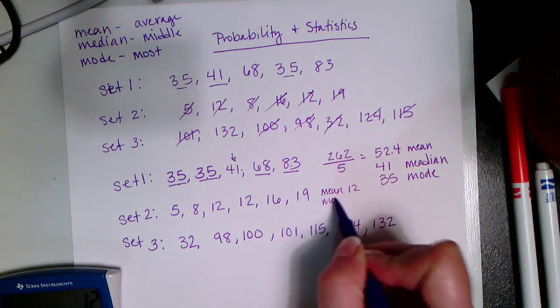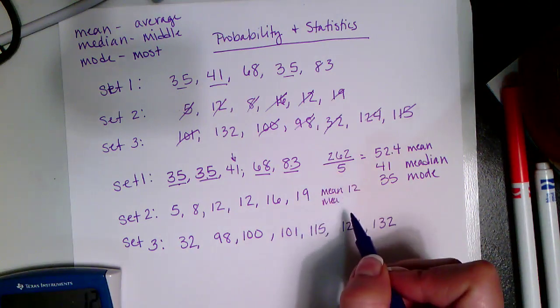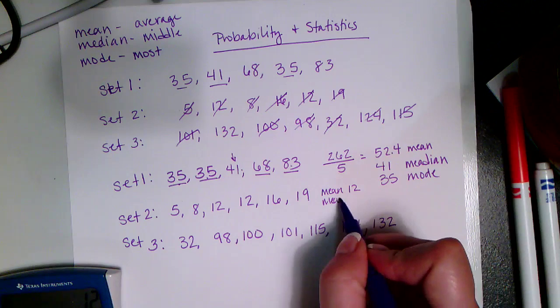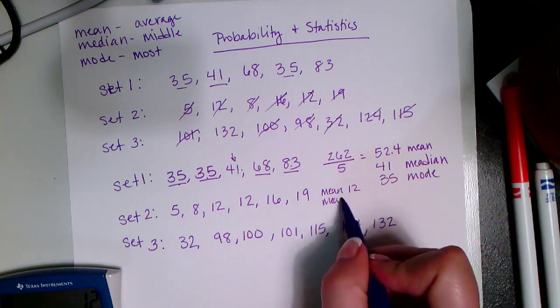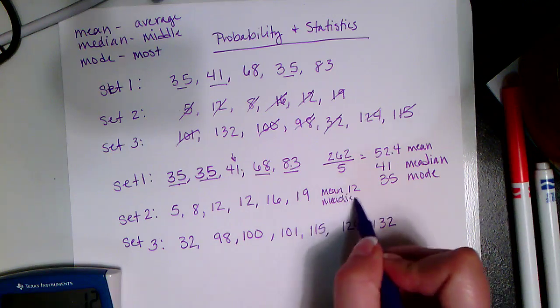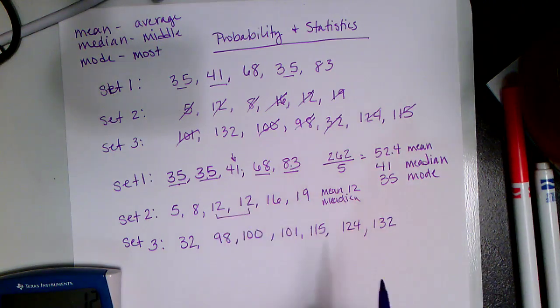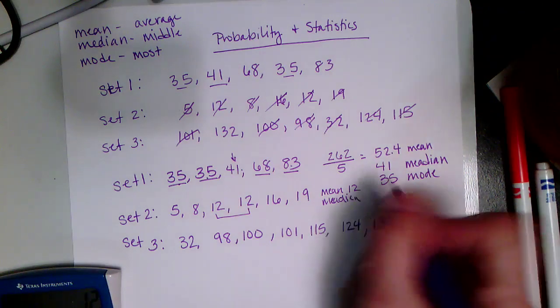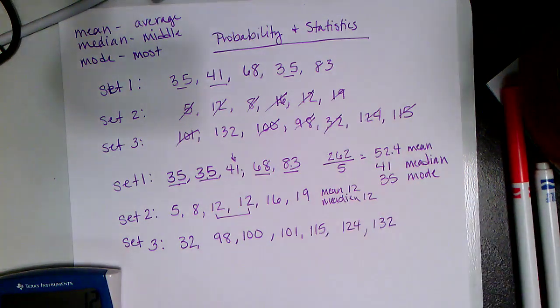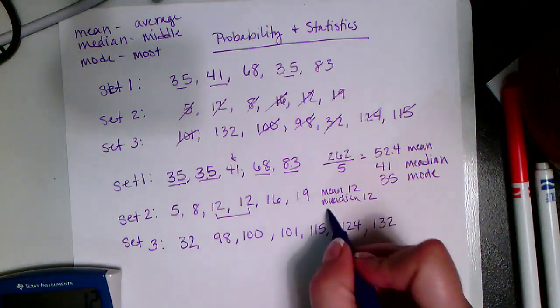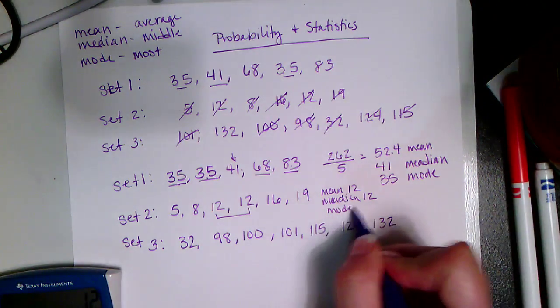Your median is actually going to be 12 as well because it's split between your middle two numbers. So you add those together and divide by 2. We get 12. And then our mode is also 12 because it happens the most times.